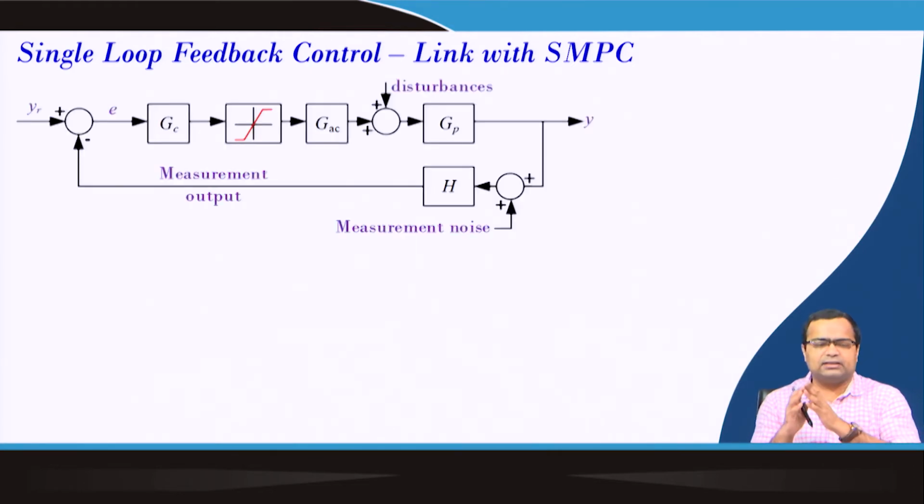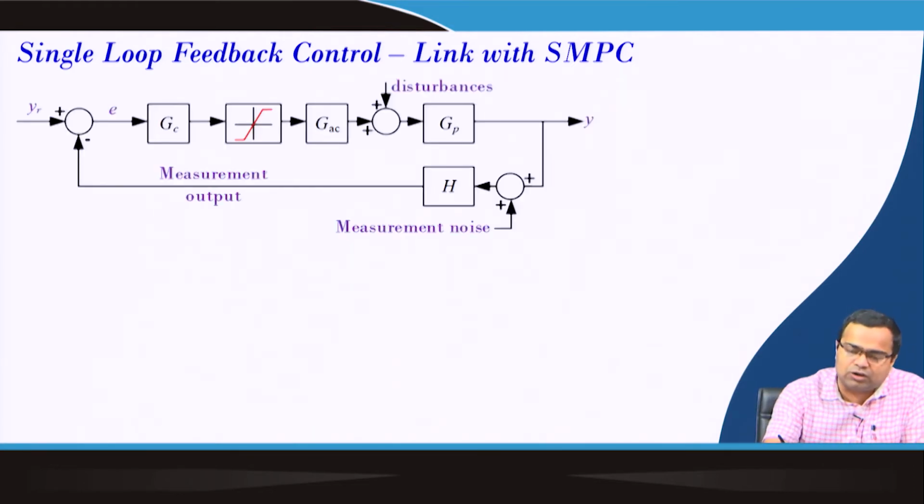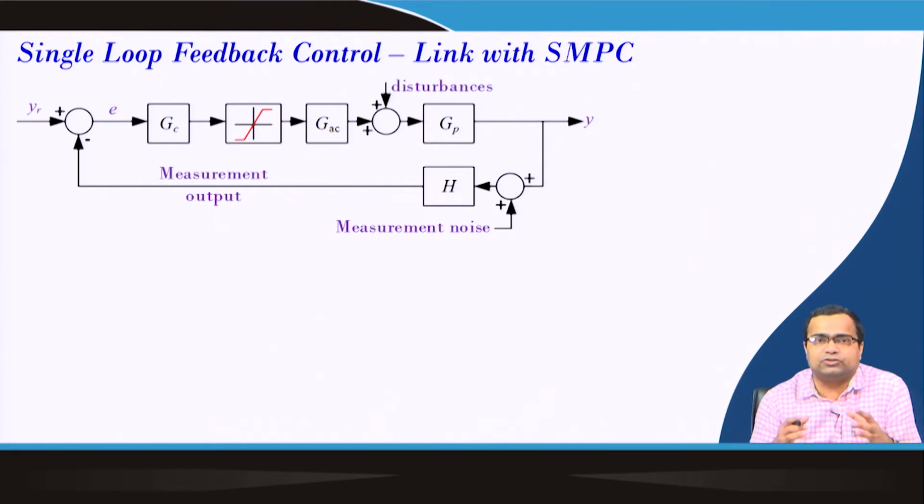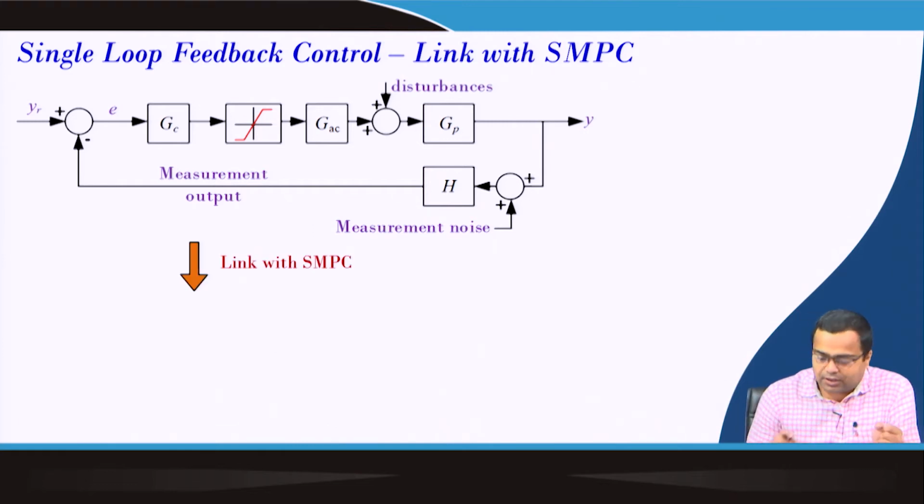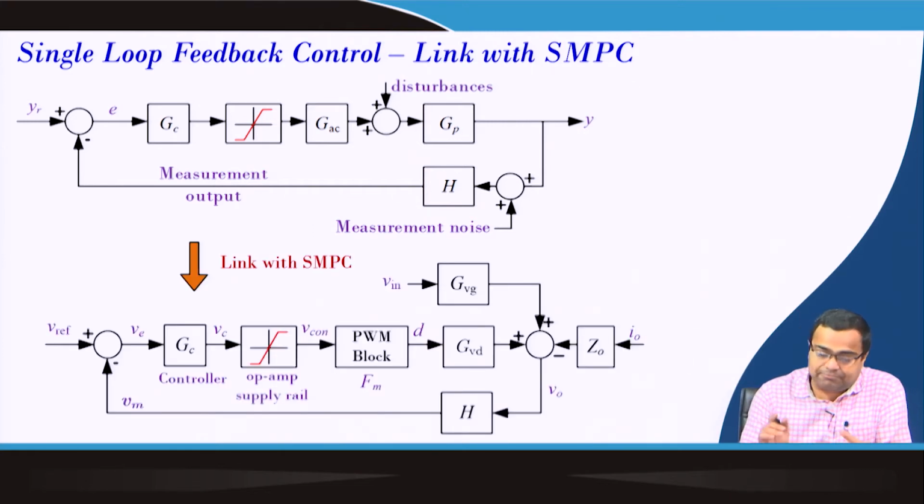We want to link this to a single loop because it has only one feedback loop, and whether it is a voltage loop or current loop, we will discuss that. If we want to relate this with our switch mode power converter, then if we take a voltage feedback, this is the output voltage coming out of this converter, and this output voltage is sensed.